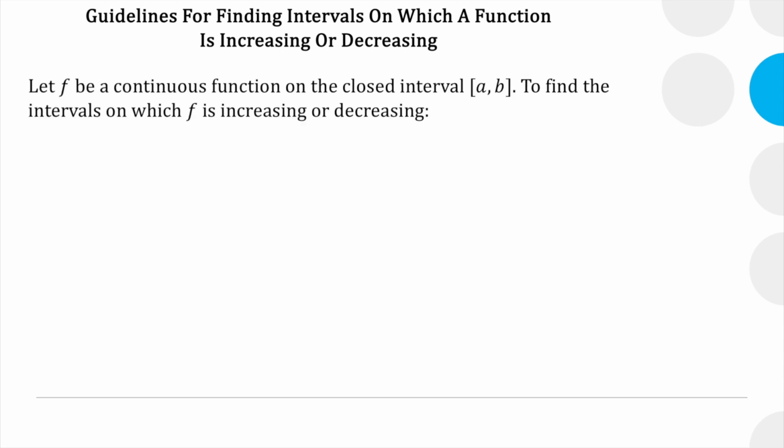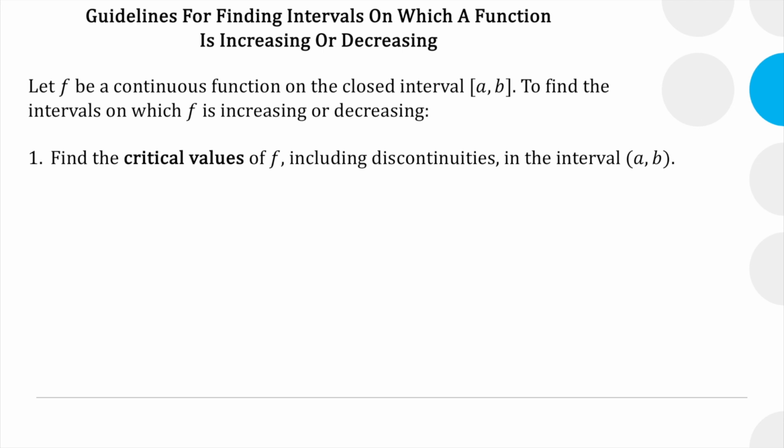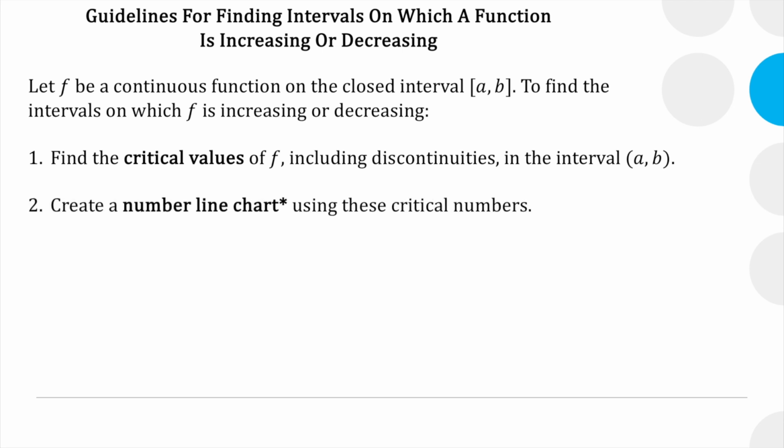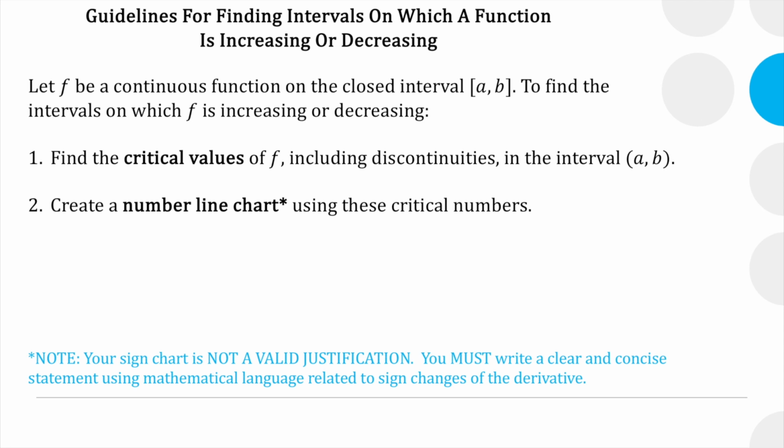Here are some guidelines for finding intervals on which a function is increasing or decreasing. Let f be a continuous function. Step 1 would be to find the critical values, including the discontinuities on the interval, and then create a number line chart using these critical numbers.